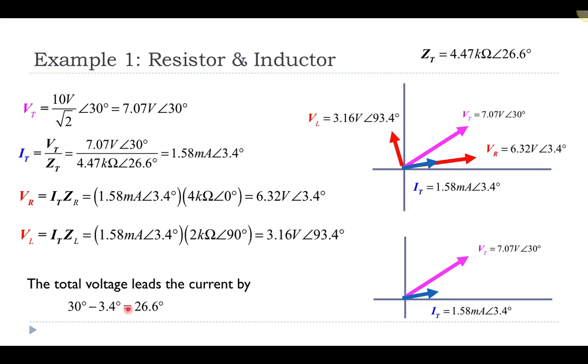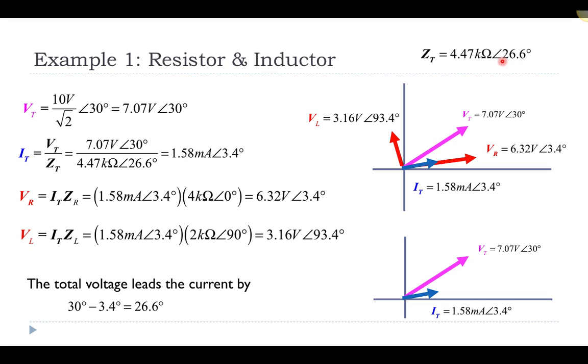The fact that we get 26.6 degrees for how the total voltage across the circuit compares to the total current that goes through those components, the fact that the angle between them is 26.6 degrees, is important because if we look back at our total equivalent impedance in that circuit, the angle for the total impedance was 26.6.